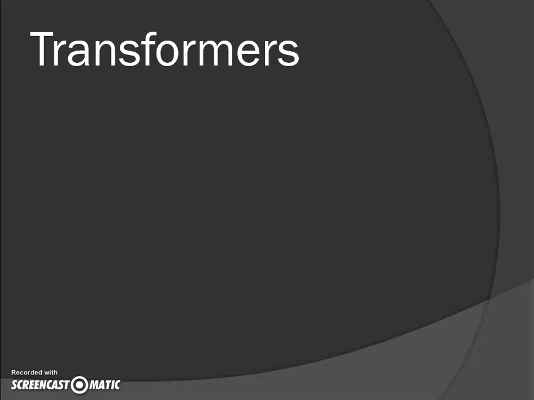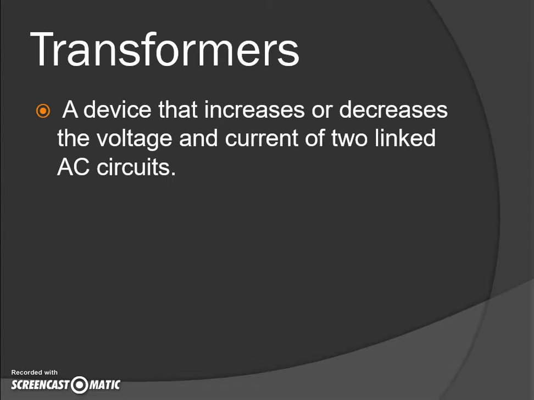So a transformer is going to change the current by changing the magnetic field in one of the coils. Transformers actually have two coils, a primary and a secondary coil. And depending on whether it's a step up or a step down determines how many loops you have for each one.